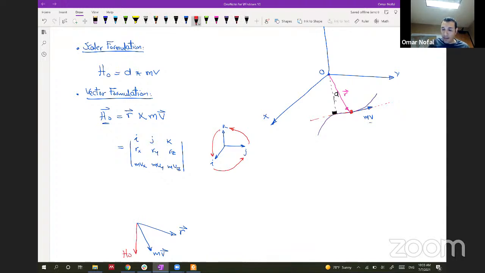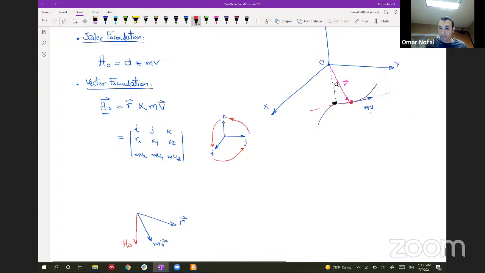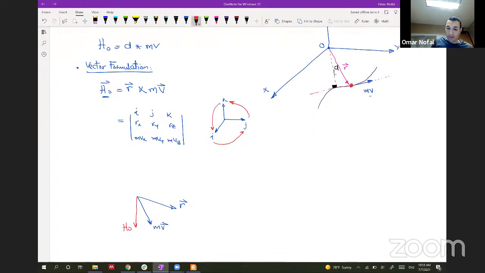So this is in a plane. Assume that this is a table, and you have the R vector like this, and the MV vector like that, and both of them are in the same plane.